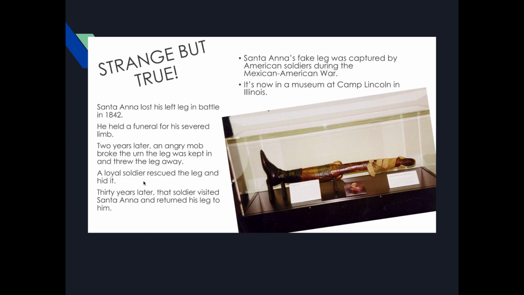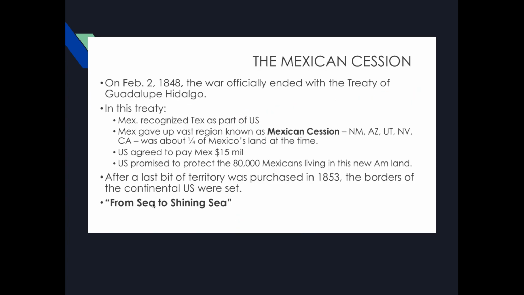A loyal soldier rescued the leg and hid it for 30 years. That soldier visited Santa Anna and returned his leg to him. Now, Santa Anna's fake leg was captured by the American soldiers during the Mexican-American War. It's now in a museum at Camp Lincoln in Illinois. Really weird, eh? Interesting but strange fact.